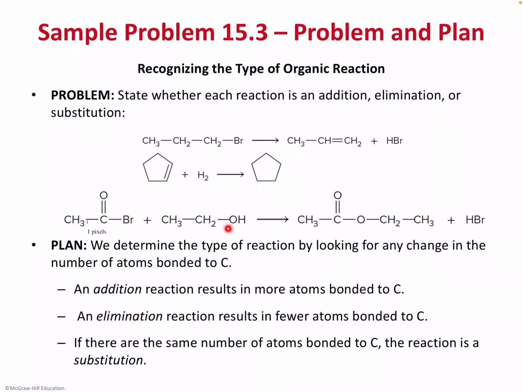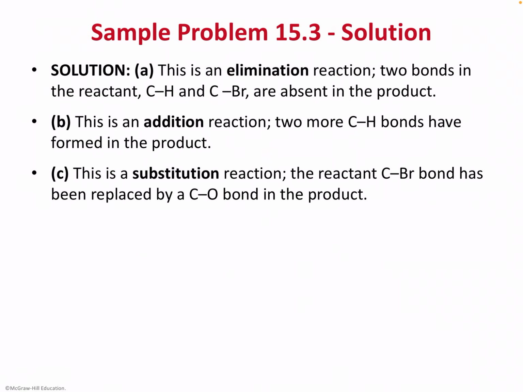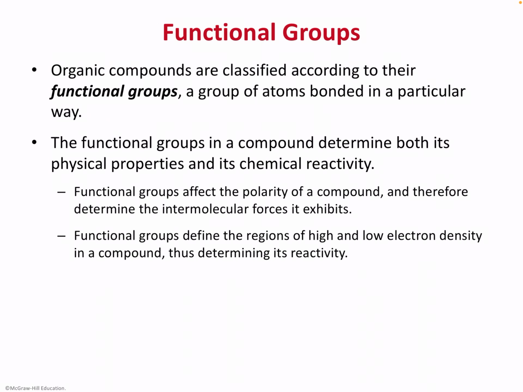That is a substitution, right? So the bromine is substituted by this alcohol part. Okay, so that is a substitution. Okay, so those are the three types of reactions: addition, elimination, and substitution.